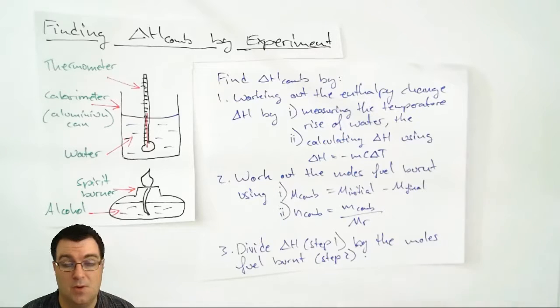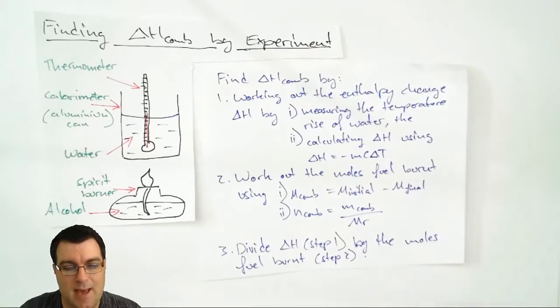And as you know from the preliminary course, if we have a temperature change in a known quantity of water, we can work out the energy. We can then compare that to the total amount of alcohol that burned, and that lets us find a very good estimate of the molar heat of combustion.